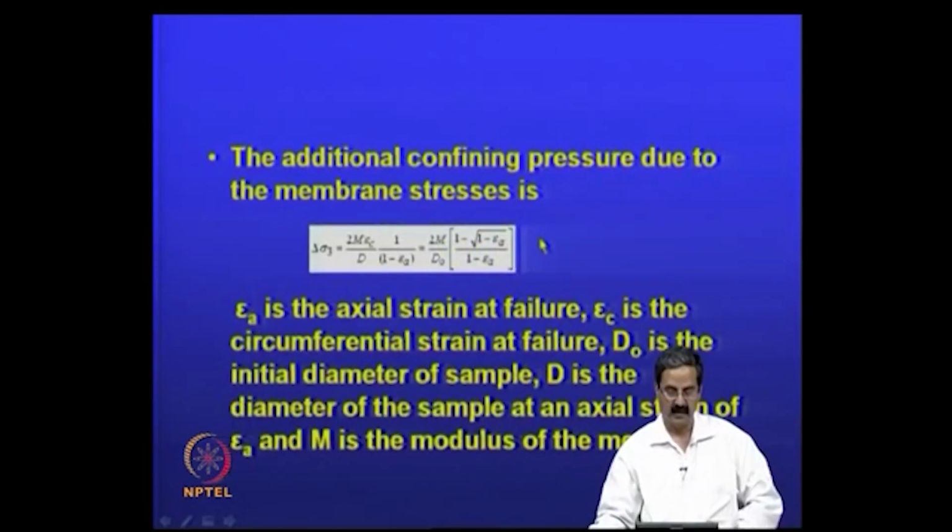Okay, so how do you get this confining pressure? There is some expression available in the literature, where delta sigma 3 is what you have to determine, given by researchers who were trying to understand the membrane correction required for a triaxial cell.